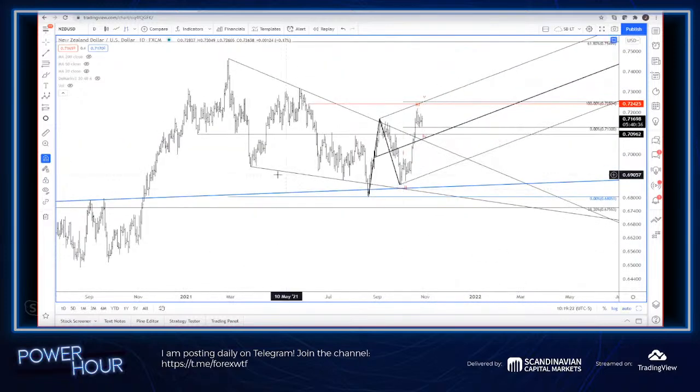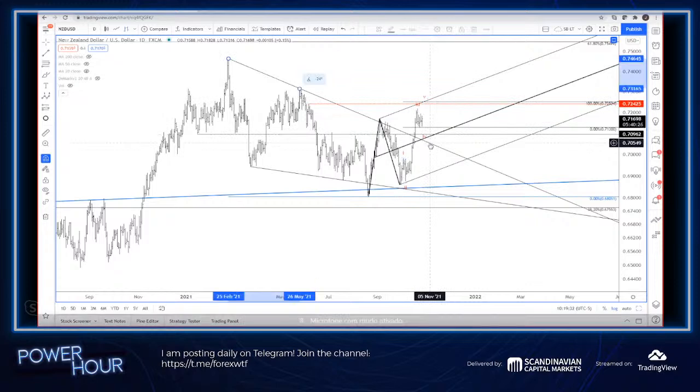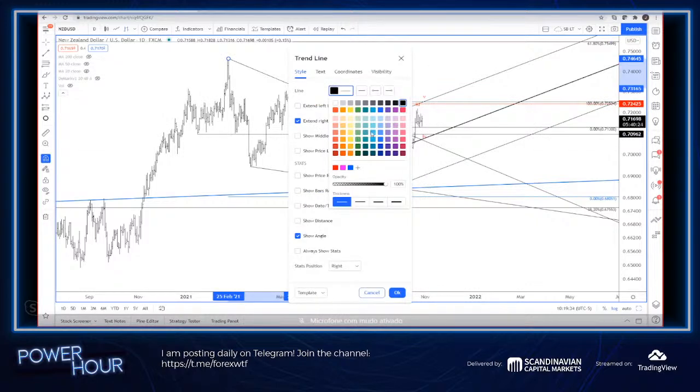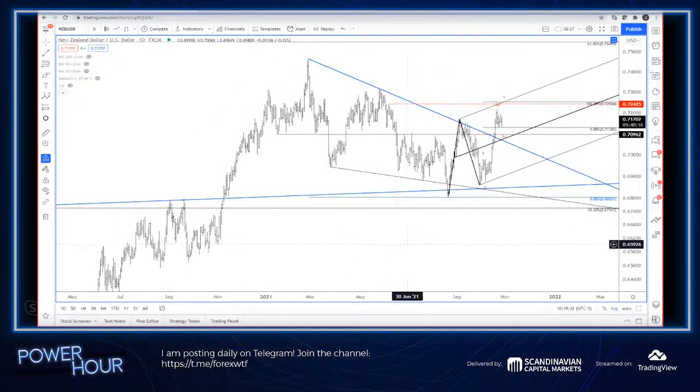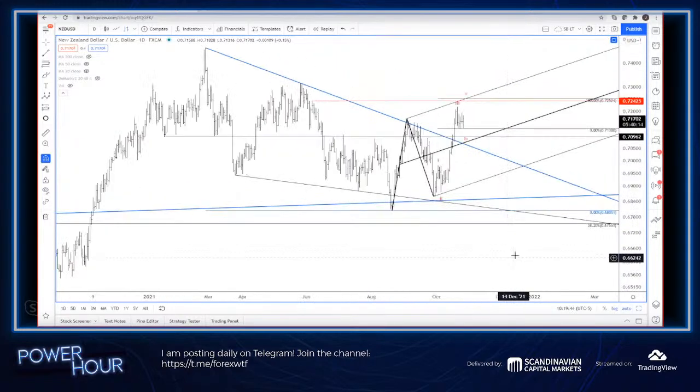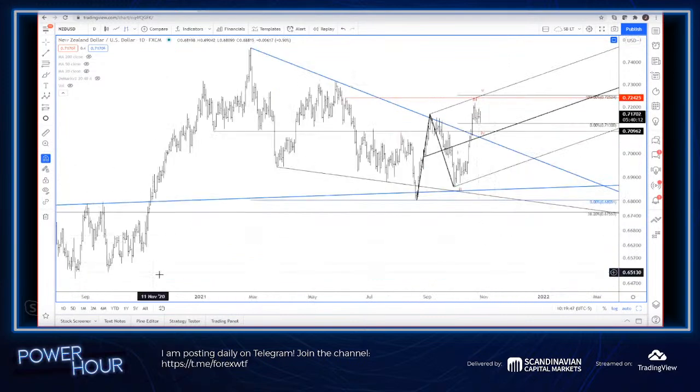And then you've got this wedge that we broke out up to the top side. If we do get that 5-wave move up and pull back, you'd be looking eventually for support maybe on the top side of this. So again, that could take a while to play out, but that is something to pay close attention to on a longer term basis.